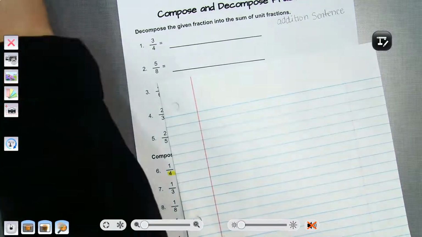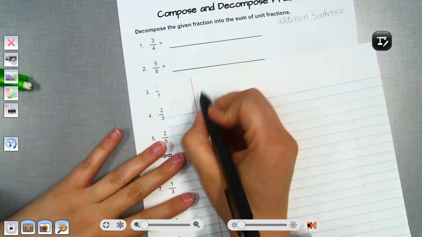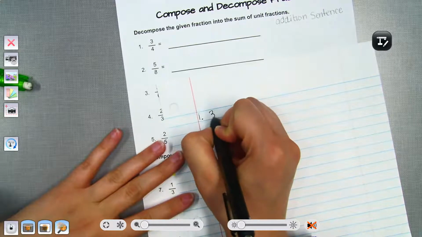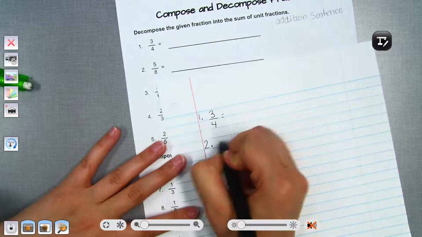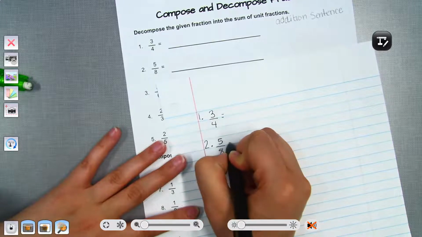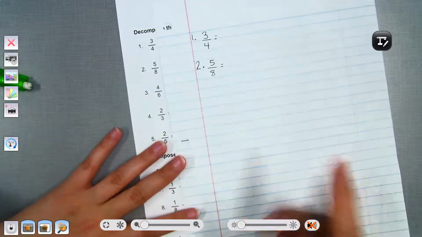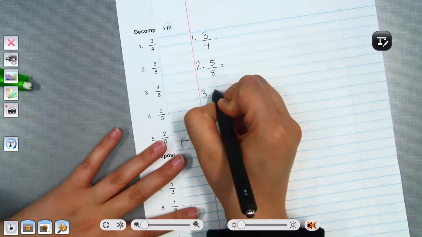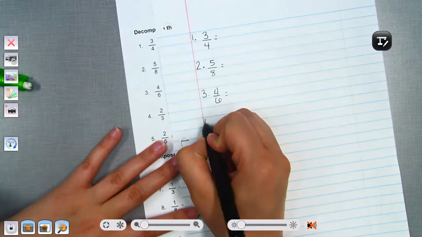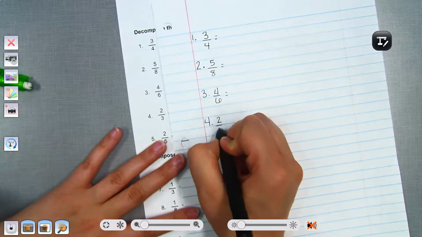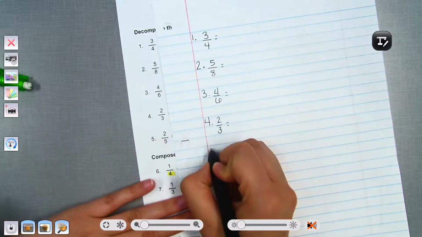So that means I'm going to go get my piece of notebook paper and I'm going to say number 1, 3/4 equals. Number 2, 5/8 equals. Number 3, 4/6 equals. Number 4, 2/3 equals.